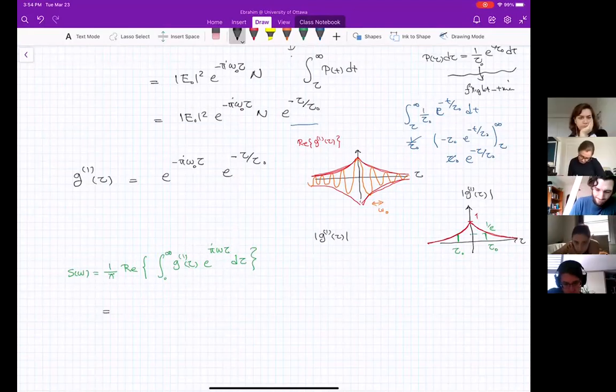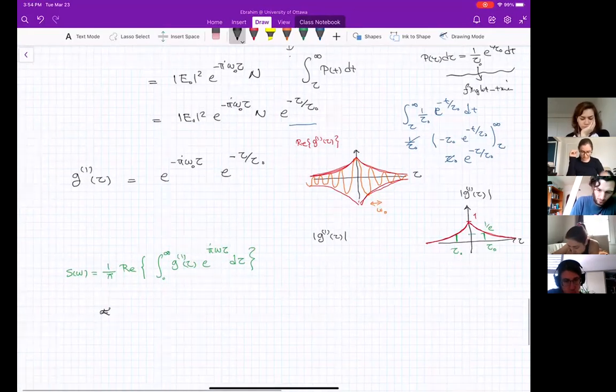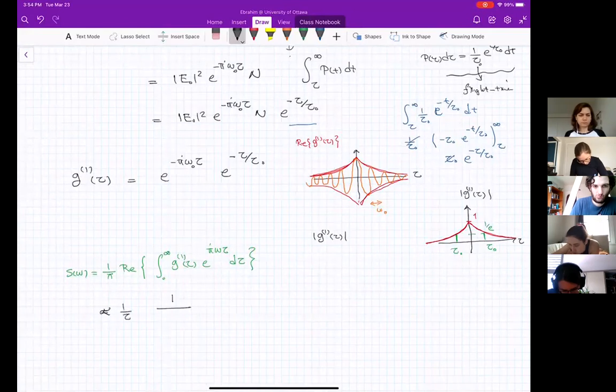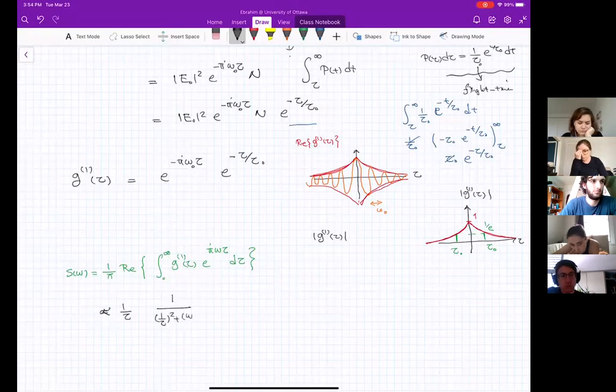I don't keep the coefficients, guys. So it is proportional to 1 divided by tau squared plus omega minus omega naught squared.